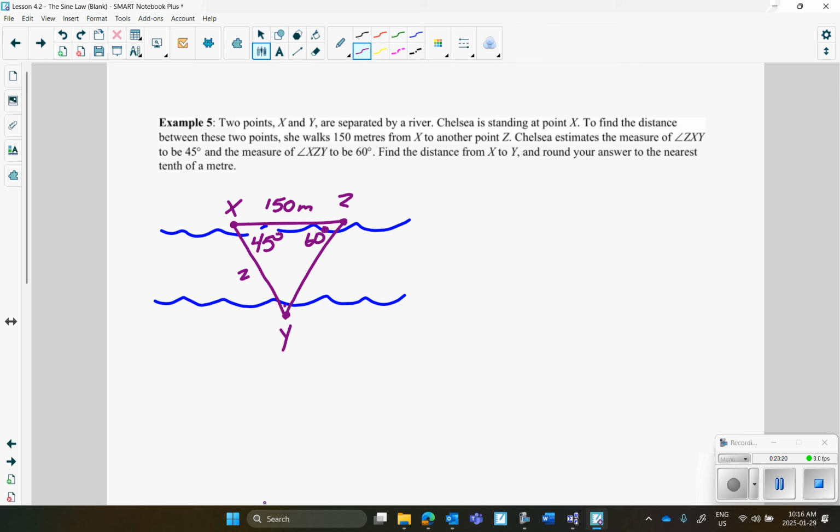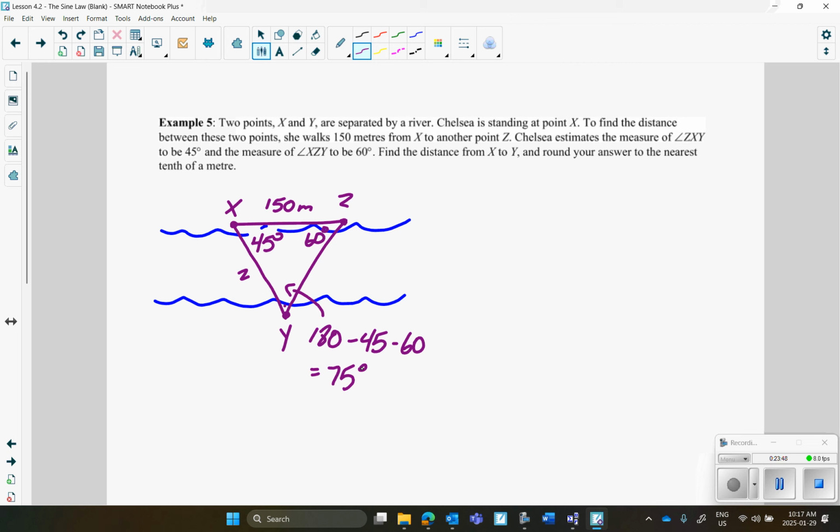All right, so what do I got to do first? I got to find this one. Right now, I don't know an angle and its opposite side. But I can find this one by doing 180 minus 45 minus 60, which should give me 75 degrees.